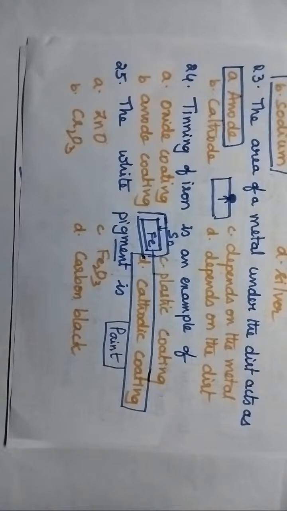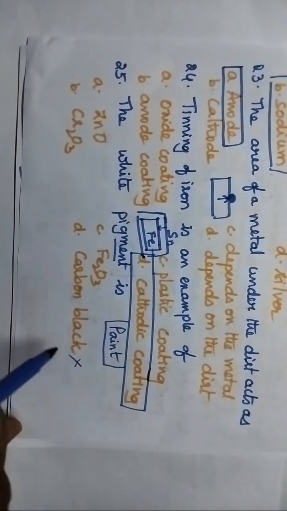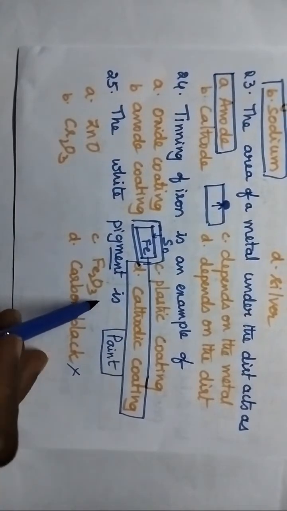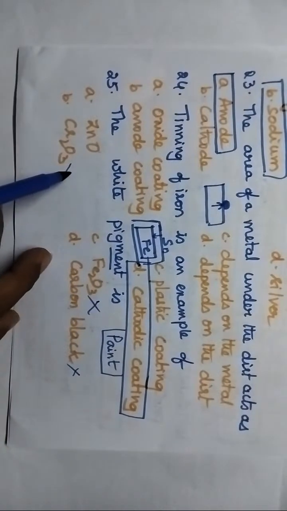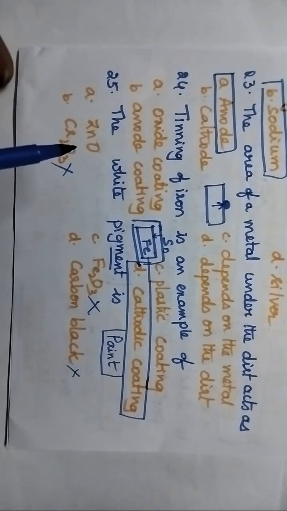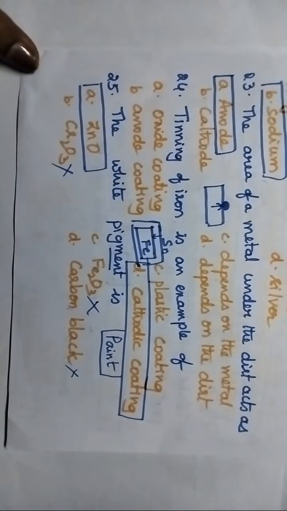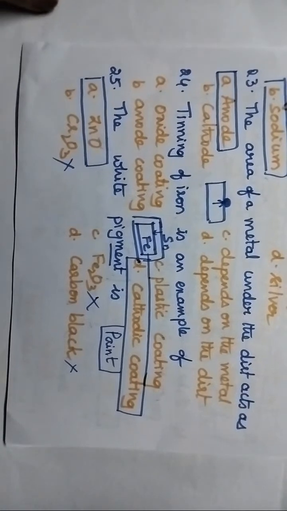Which chemical will give white color? Aditya, carbon black will give black color. Iron oxide gives yellow or red color. Chromium also gives yellow color. So it's zinc oxide that gives white color and hence option A is the right answer.